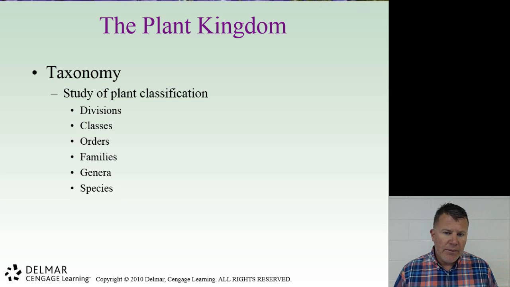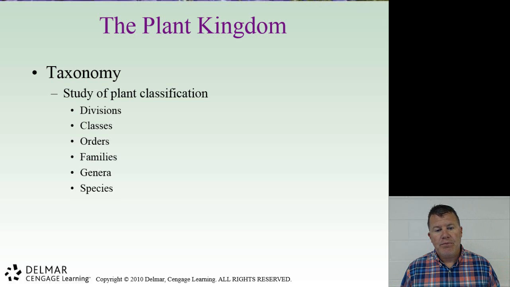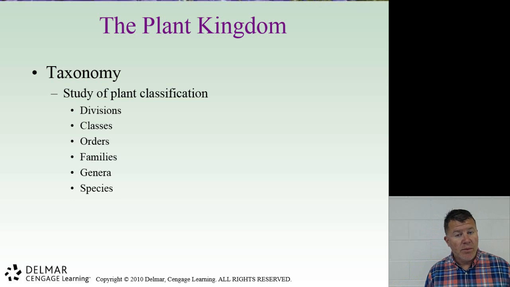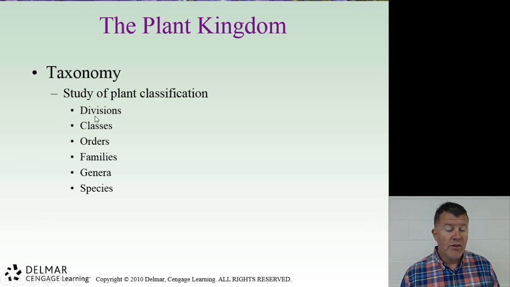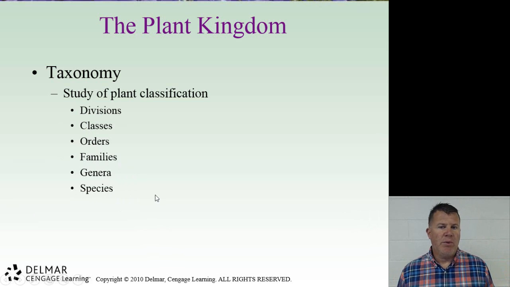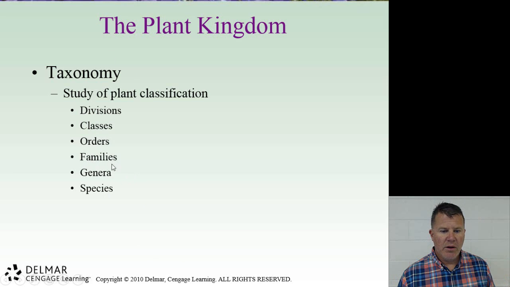Taxonomy, we're in the plant kingdom, or the phylum. The study of plant classification by taxonomists, we're going to have our divisions or our phylums. Then we're going to go to the classes, orders, families, genera, and species. Well, when you're studying Plant Materials 1, Plant Materials 2, you're going to identify the plants by the genus and species.